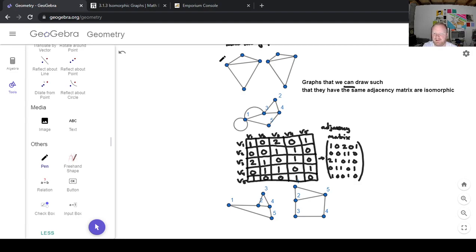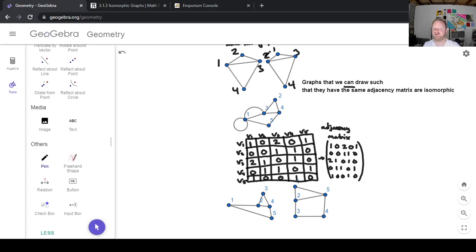So, for example, if I labeled these vertices as 1, 2, 3, 4, and I labeled these vertices as 2, 1, 3, 4, so changing this vertex here, we would have different adjacency matrices, but this "can" here implies that we can do this by labeling.